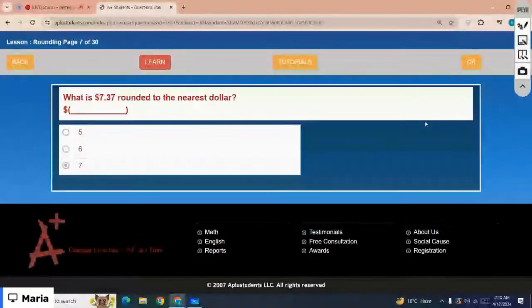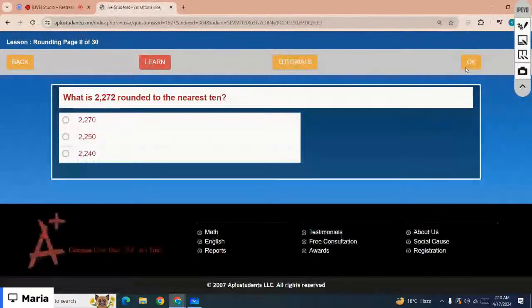Okay, the next one is, what is 2272 rounded to the nearest 10? Which is the option?